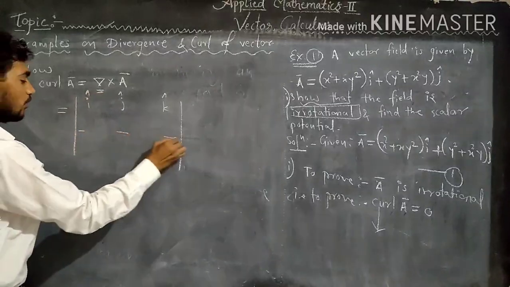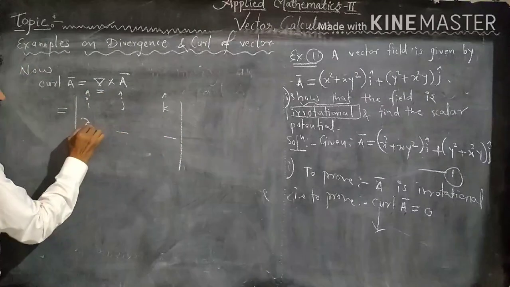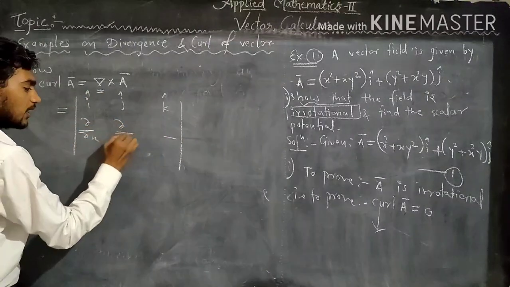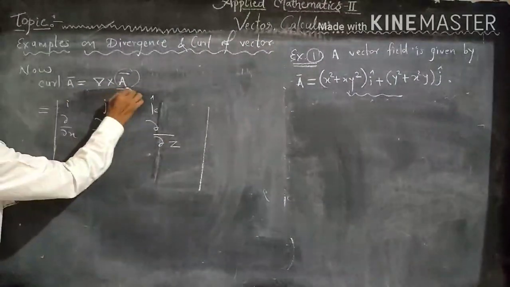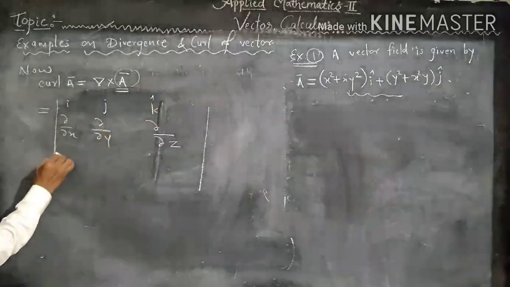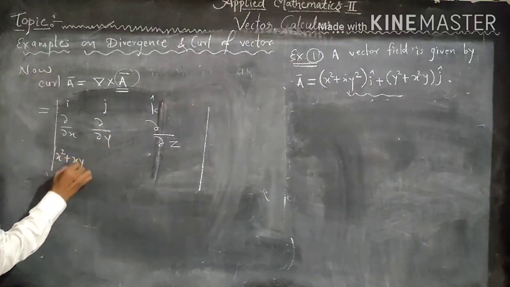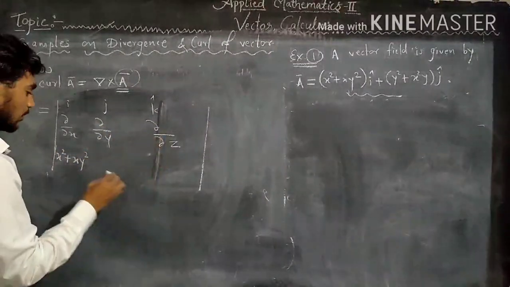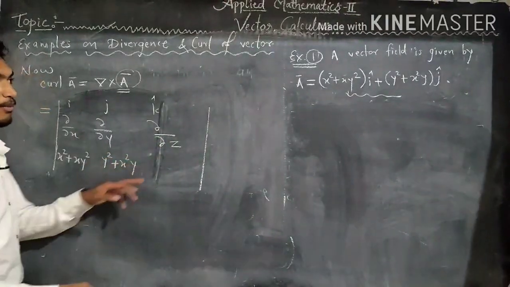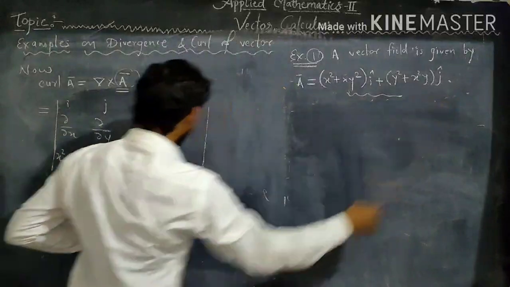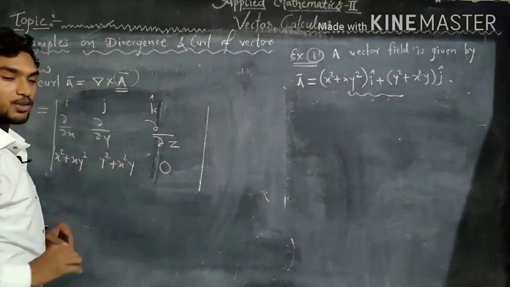In next row we will write del by del x, del by del y and del by del z. Last row the components of vector A, which is given as x square plus xy square and y square plus x square y, but term of k is absent, so here it is 0.